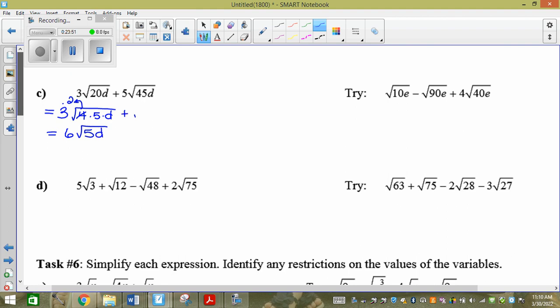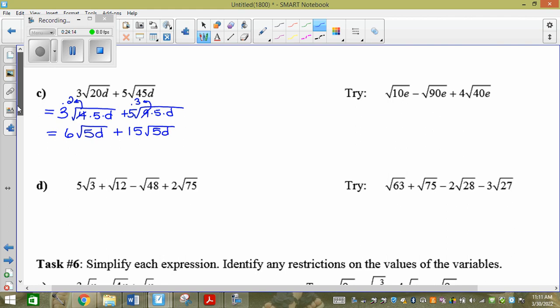Then I go to do the next one. I have a 5. 45 can break down into what? 9 and 5, and then we have a d. 9 times 5 times d. The 9 comes out and it's a 3. And then I get what? 15 square root 5d. Whoa.